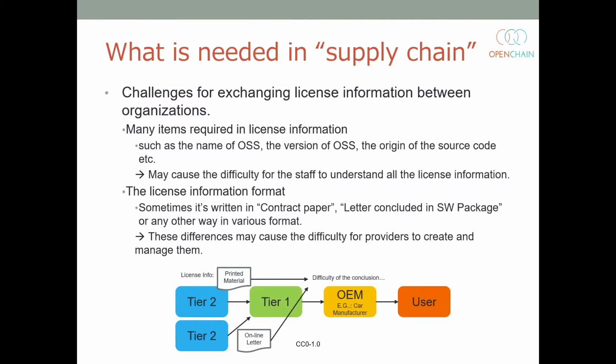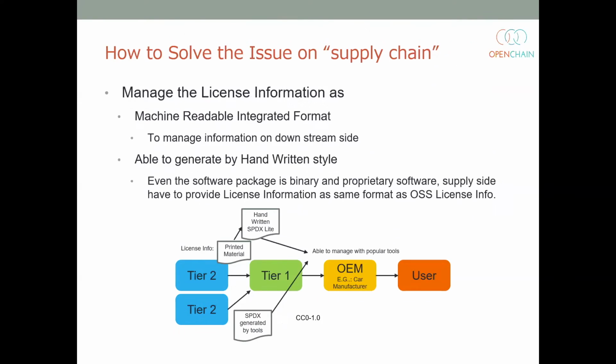These differences may cause difficulty for providers to create and manage those license information. So our sub-working group discussed how to solve those issues on the supply chain in the real business.